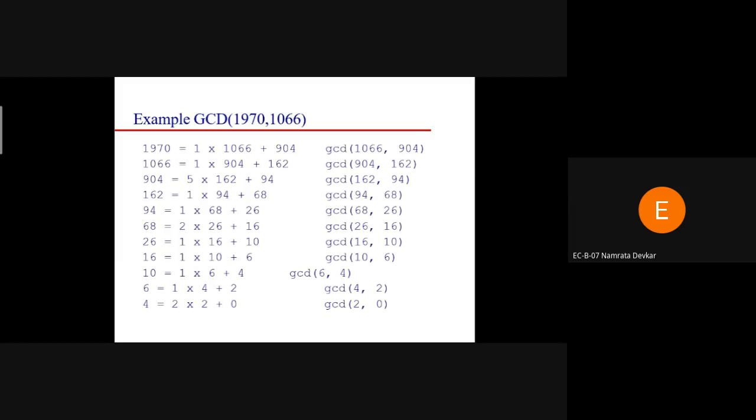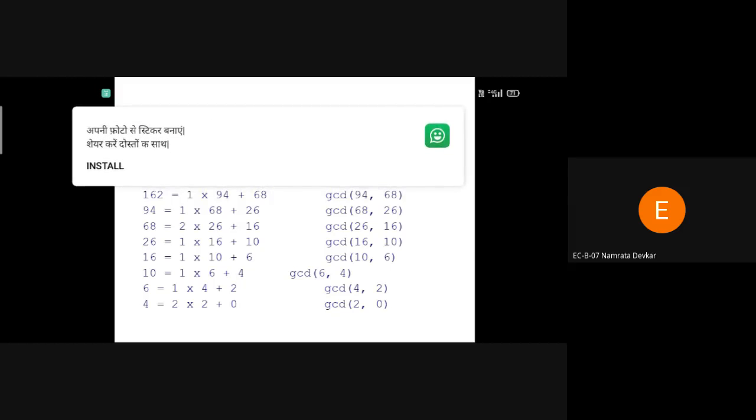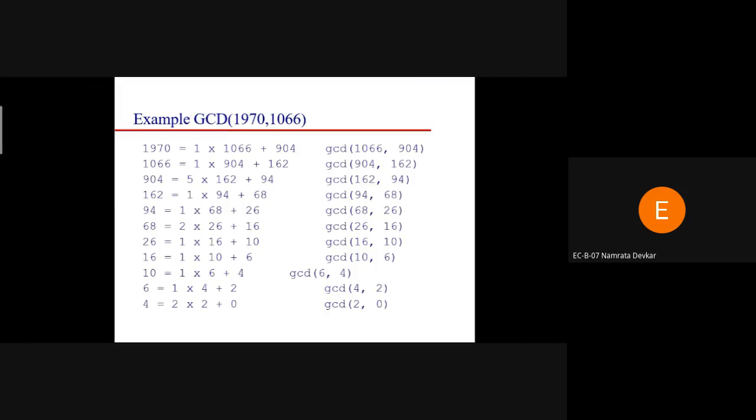So the value of a is 1970. Here we can represent 1970 = 1 × 1066 + 904. If the value of a is 1970 and the value of n is 1066, what should be the quotient and what should be the remainder?